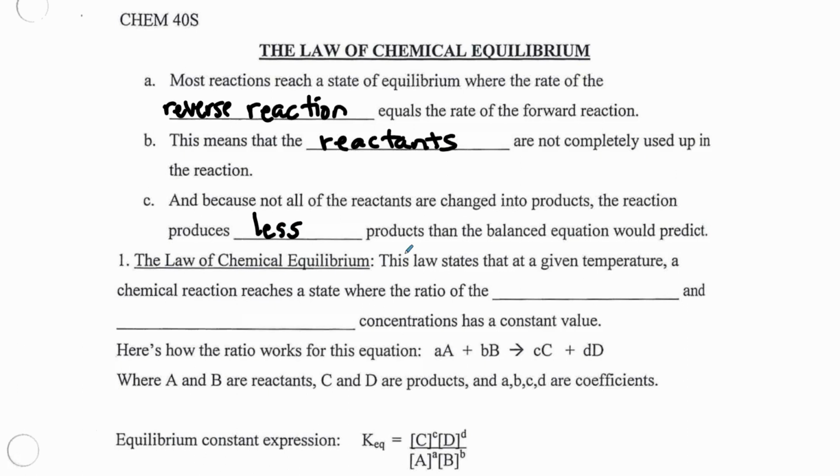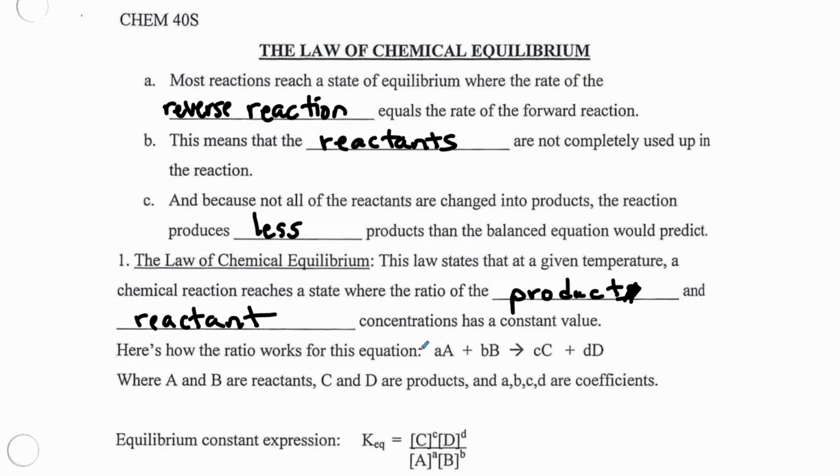So let's look at this law and what sort of formula we can get out of it. So the law of chemical equilibrium states that at a given temperature, a chemical reaction reaches a state where the ratio of the product and reactant concentrations has a constant value.